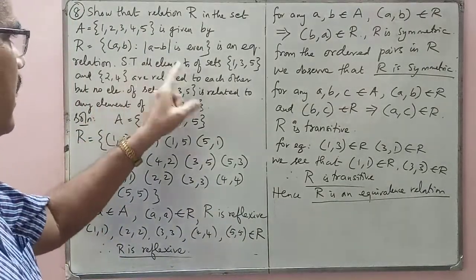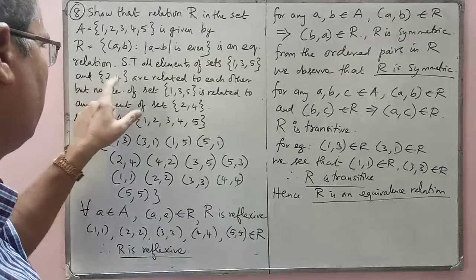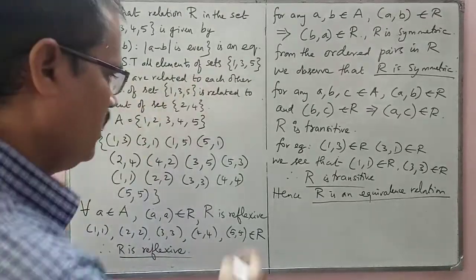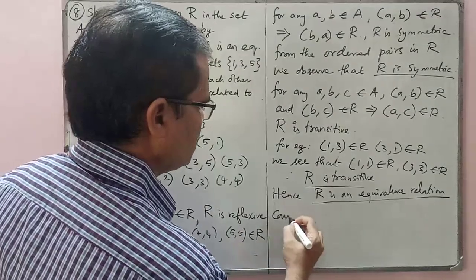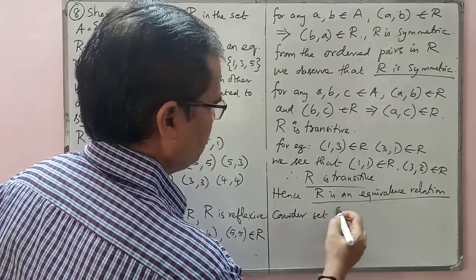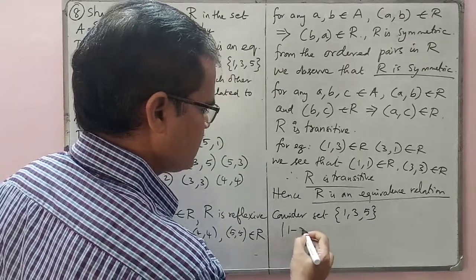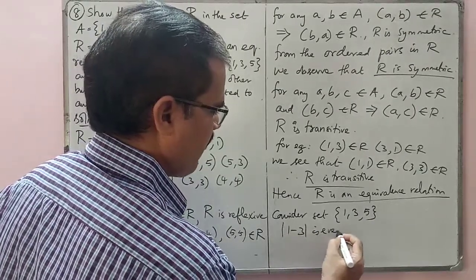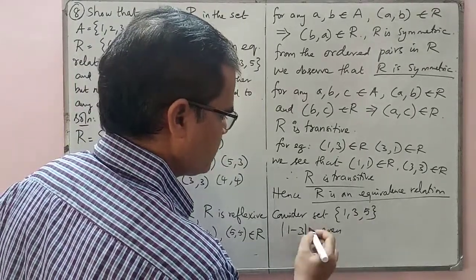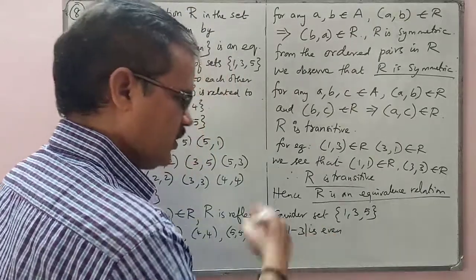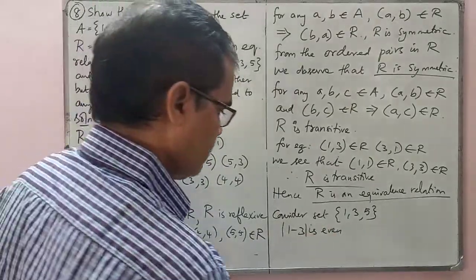Show that all elements of set {1, 3, 5} and {2, 4} are related to each other. Consider the set {1, 3, 5}. What is the difference 1 minus 3? It is even, correct? 1 minus 3 is minus 2, or 3 minus 1 is 2. When you use modulus, it changes to an even number.